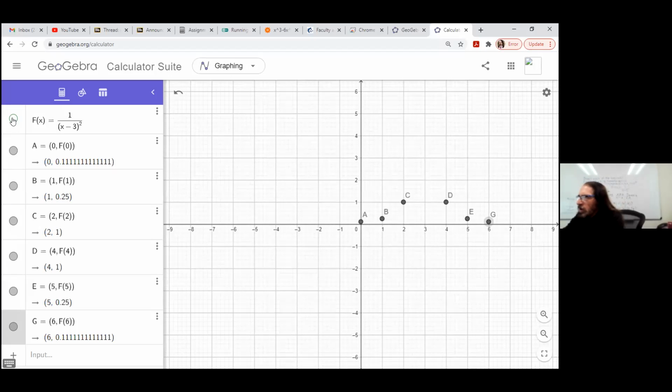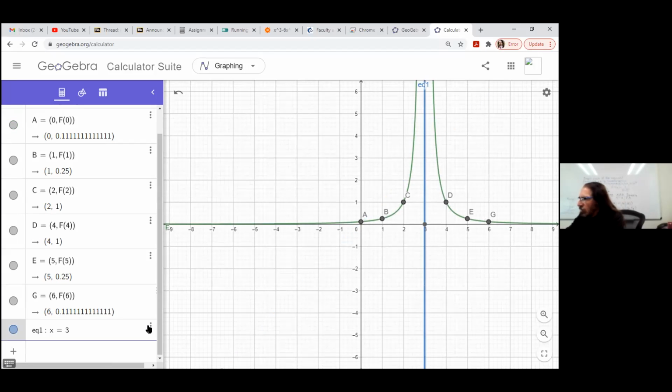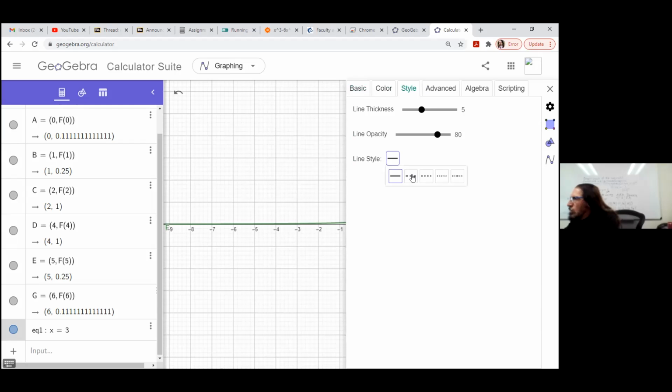And when we connect, we are getting x equals 3 is a vertical asymptote. So that will go along with the domain being x not equal to 3.